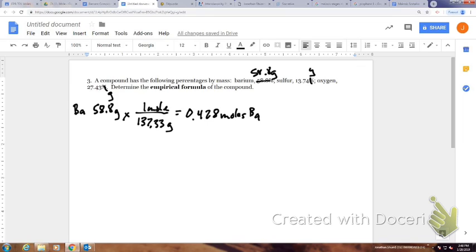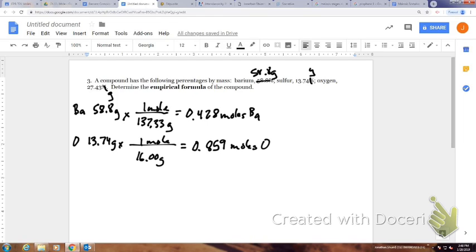All right, so we're going to convert all of them to moles. So if I look at oxygen, we start with 13.74 grams. The molar mass of oxygen is 16.00 grams over 1 mole. So 13.74 divided by 16 will equal 0.859 moles of oxygen.